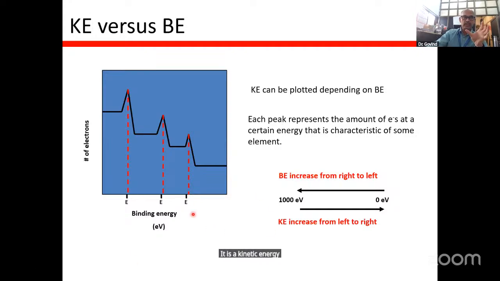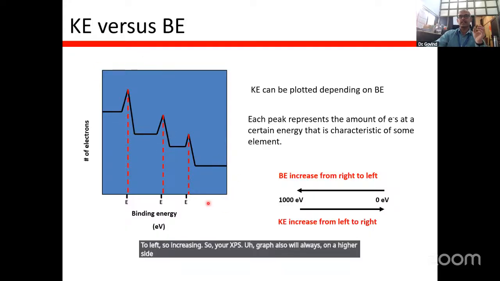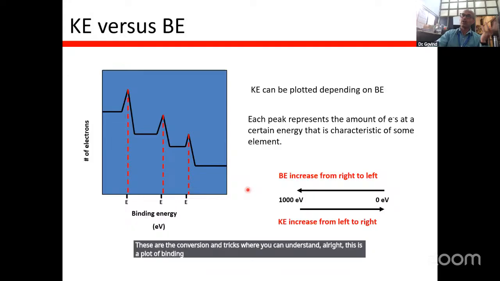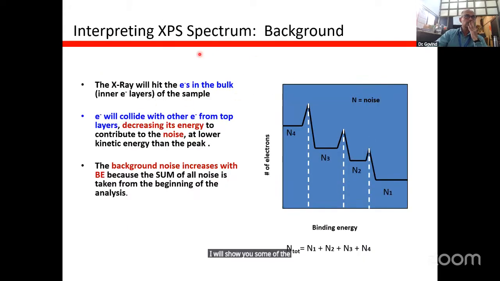So always look at that. Binding energy always increases from right to left, so your XPS graph will also always be on a higher, increasing side. These are the conventions and tricks where you can understand whether this is a plot of binding energy or kinetic energy. I will show some examples also.